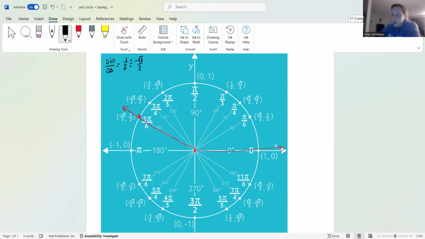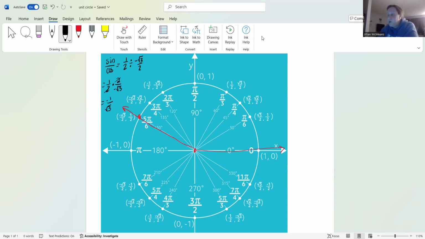So let's kind of just work that out. So that's going to be 1/2 times 2 over negative root 3. Okay. So the 2's cancel, and I'm left with negative 1 over root 3. And I'm going to leave it like that for now. We can rationalize it in a bit. So we're just going to leave it as negative 1 over root 3 and see if anything simplifies out.